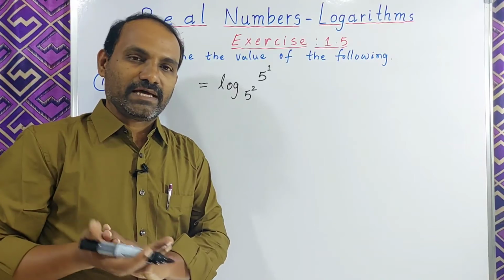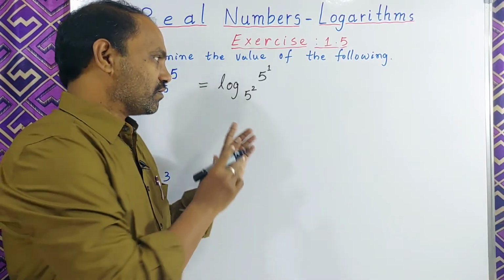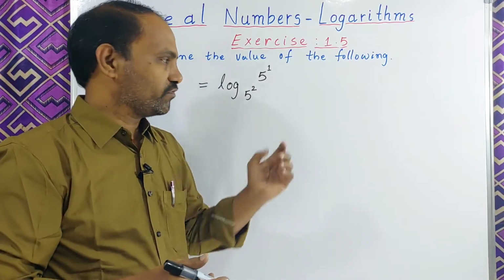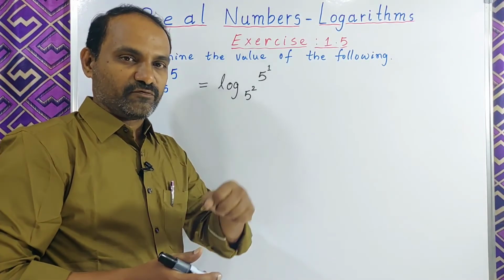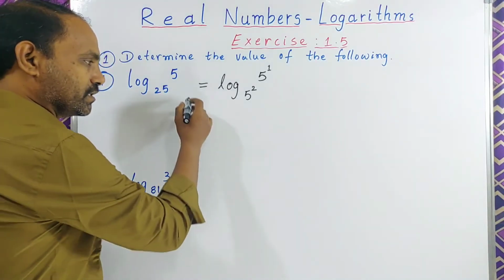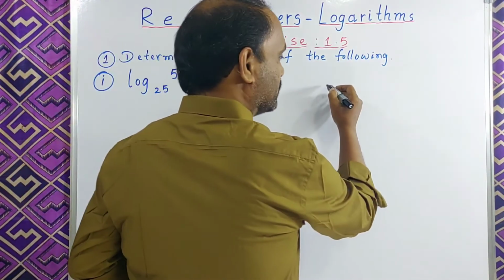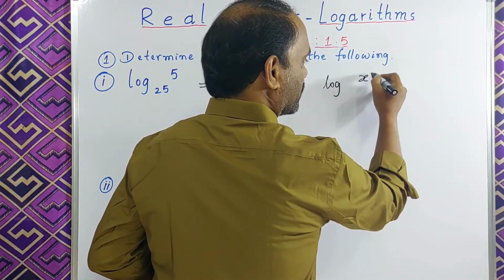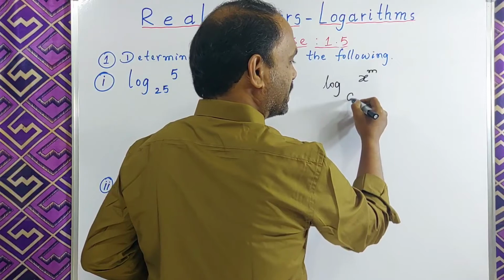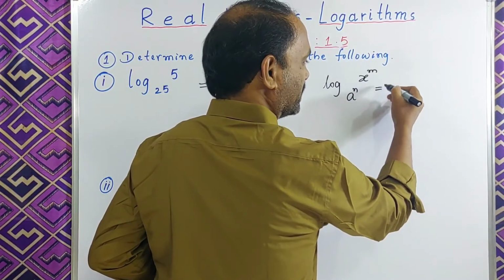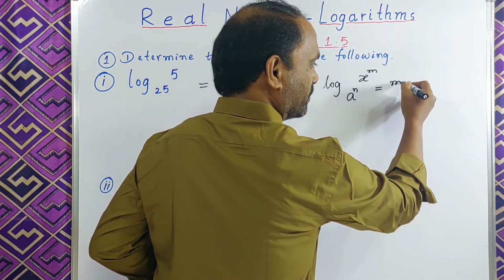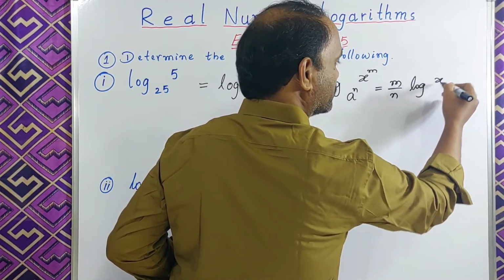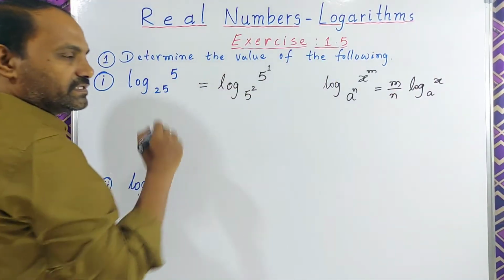Already I have explained 6 formulas; in that, we use the 4th formula here. What is that 4th formula? Log x power m to the base a power n is m by n into log x to the base a. This is the formula.